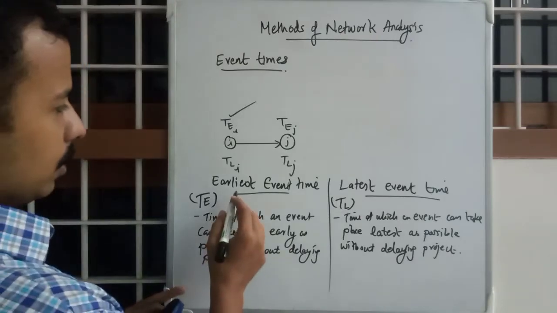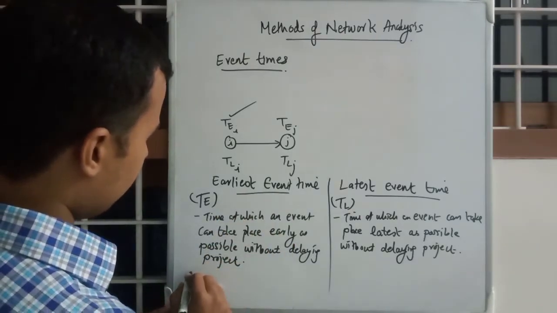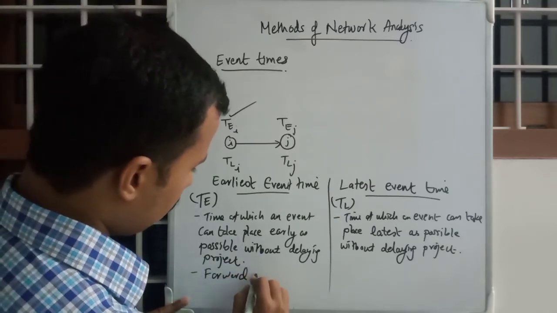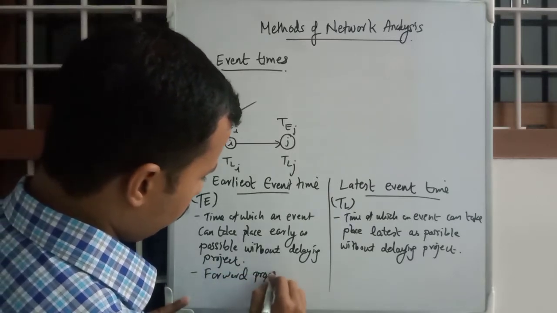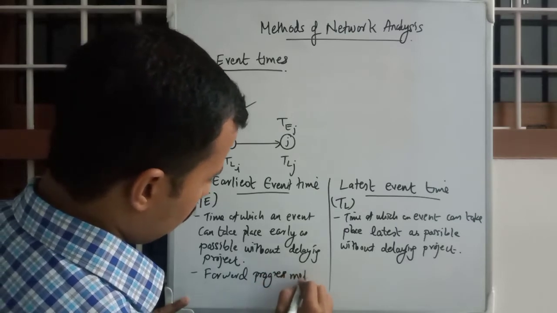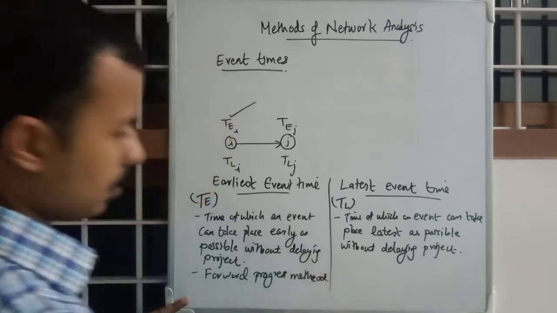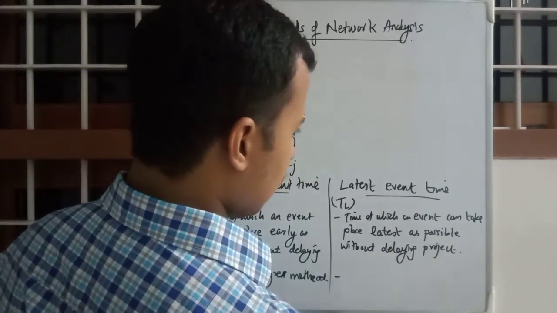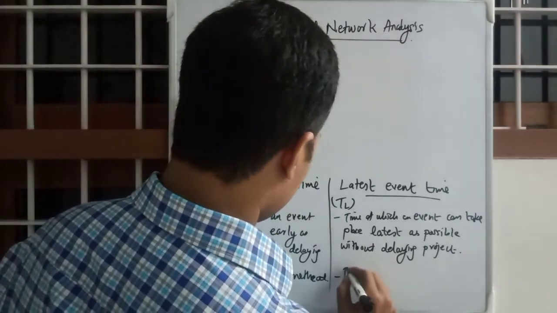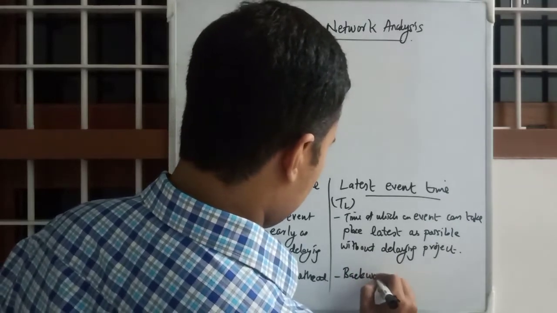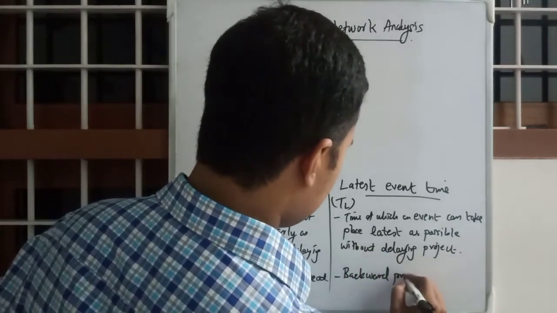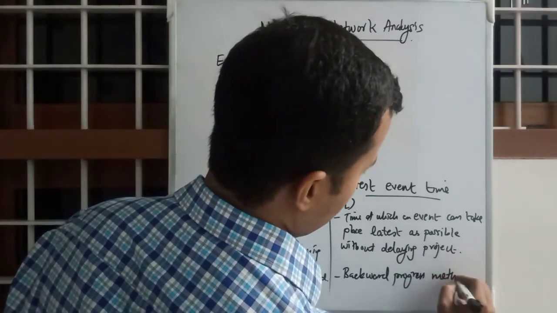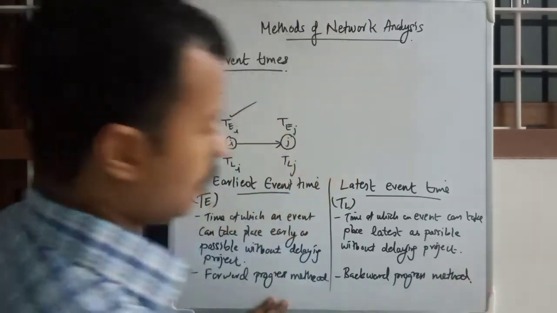The earliest event time is calculated by the forward progress method or process, and the latest event time is found by the backward progress method.